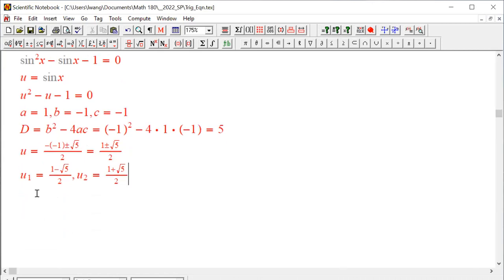So let us see, what number do we expect? We're going to have two cases. For u1 equals that, our sine x is equal to that piece.